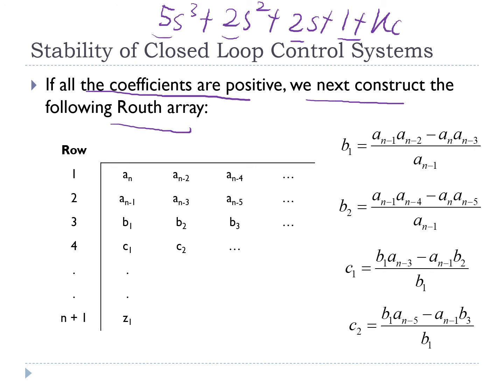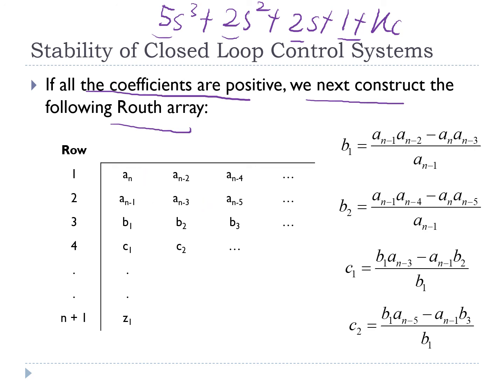How to construct? You write 5, 2, 2, and 1 plus Kc. That's how you arrange it in a Routh array.